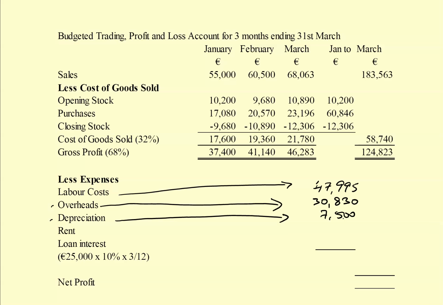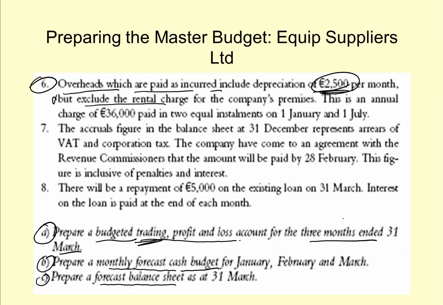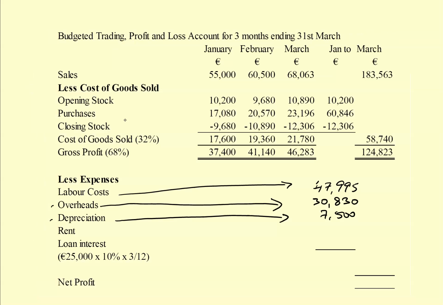The rent, let's have a look at that. The rent is actually on the next page, beg your pardon. So we're reading it here. It is an annual charge of 36,000 payable in 2 installments. Now, from our point of view, during the profit and loss account, it doesn't matter when it's paid. What we need to put into the profit and loss account is the amount of the expense incurred in the period. So let's have a quick look at that.